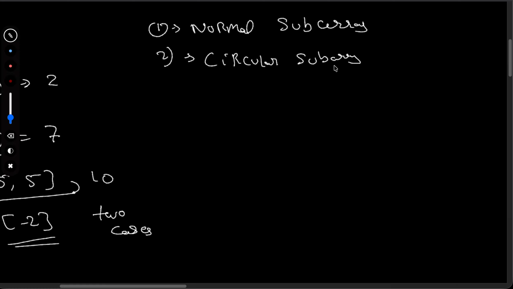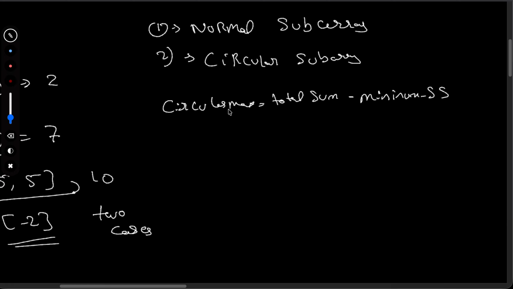This is the tricky part. For a circular subarray, instead of finding the maximum, we find the minimum subarray, then subtract it from the total sum. So the formula is circular max equals total sum minus minimum subarray sum.